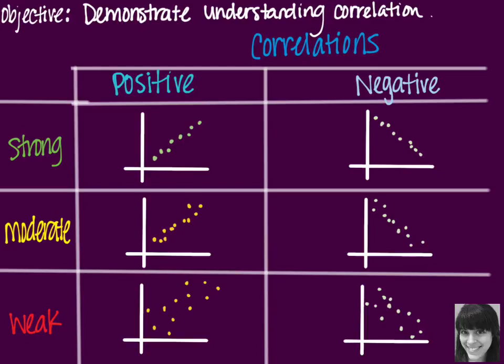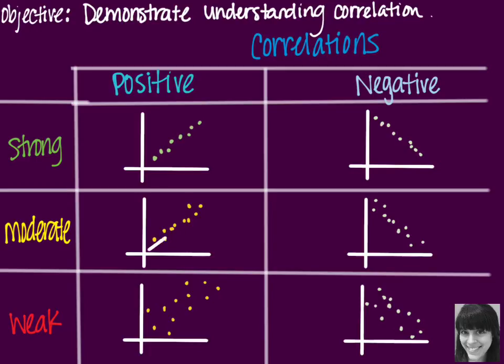So there's not a line here, but I could draw one, and most of the points would either fall on it or really, really close to it, right? So that would be a strong positive correlation. A negative correlation, of course, would go in the negative direction, but still follow that same thought process, right? It's close to whatever line you put through them.